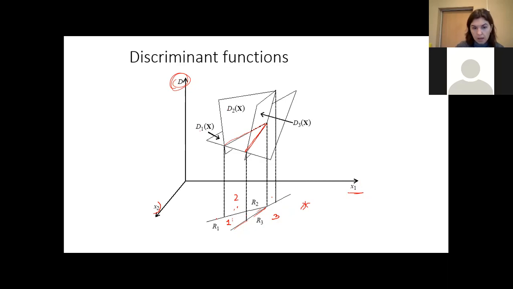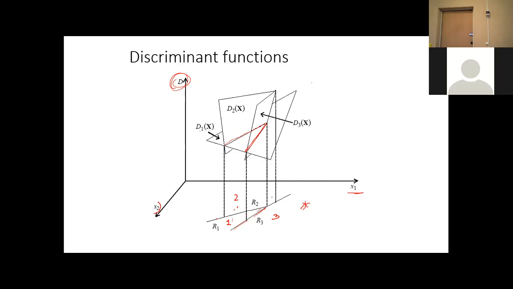The discriminant function will be higher for the third one, because it goes somewhere here. Also, if you select an object from this region, you may find the value of the discriminant function to be somewhere here.